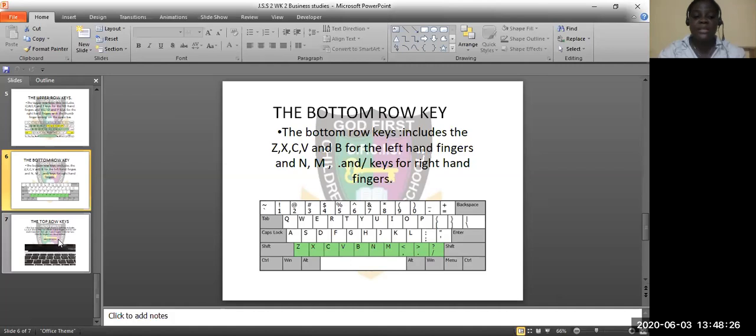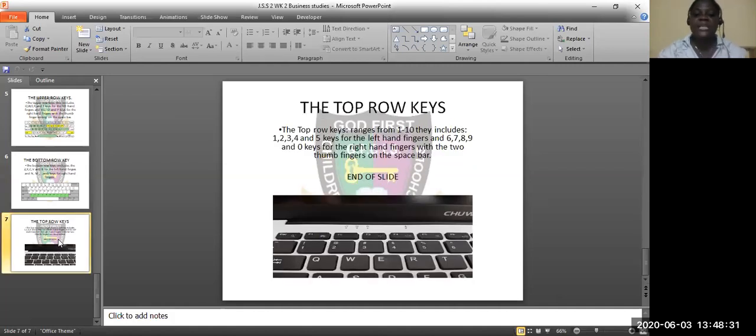The last but not the least is the top row keys, which is the numbers at the uppermost layer of the keyboard.